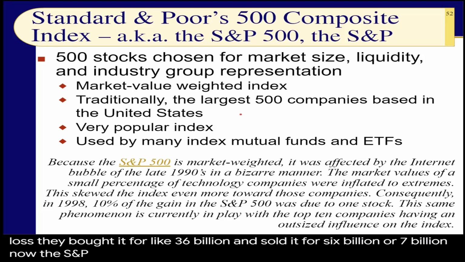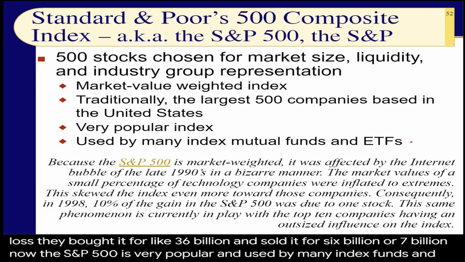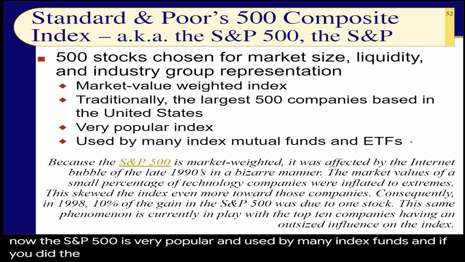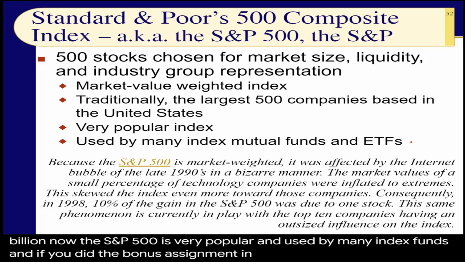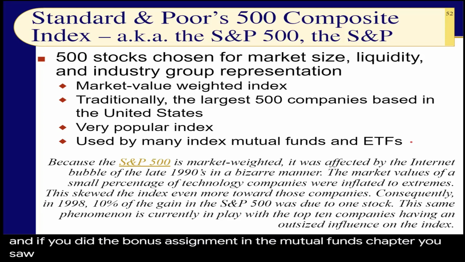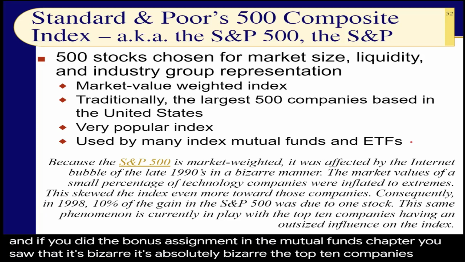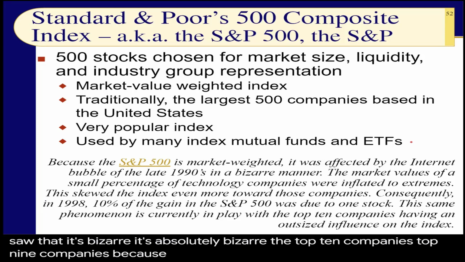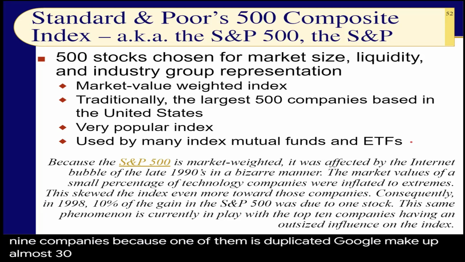Now, the S&P 500 is very popular and used by many index funds. And if you did the bonus assignment in the mutual funds chapter, you saw that it's bizarre. It's absolutely bizarre. The top 10 companies, the top 9 companies, because one of them is duplicated, Google, make up almost 30% of the index.